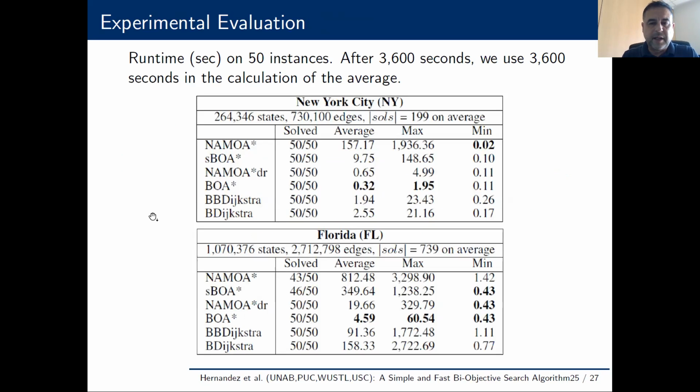Here you see the result for New York and Florida. The roadmap of Florida is around 4 times bigger than the roadmap of New York. And on average, you can see that BOA* is the best performing algorithm, and it always solves all the problems.